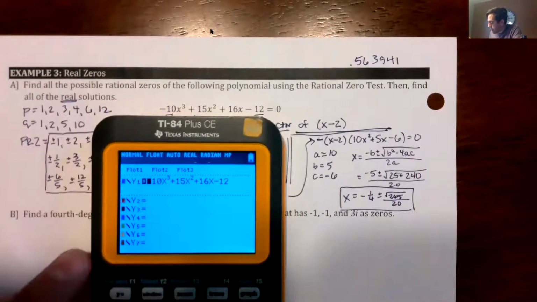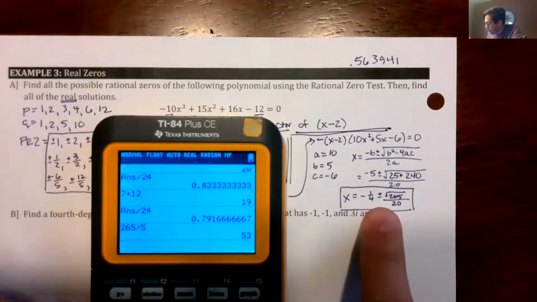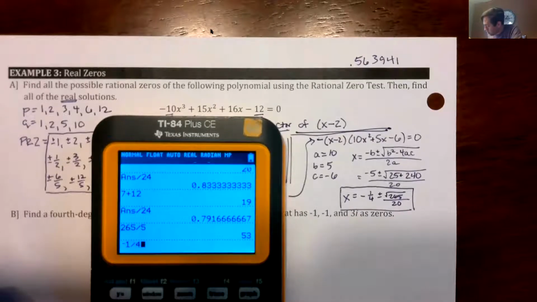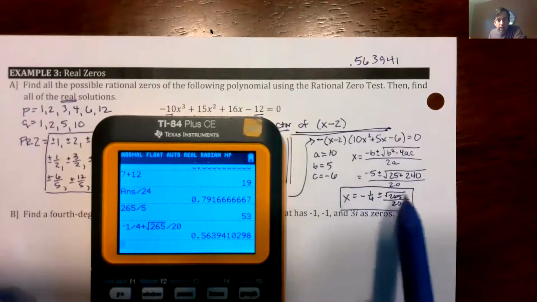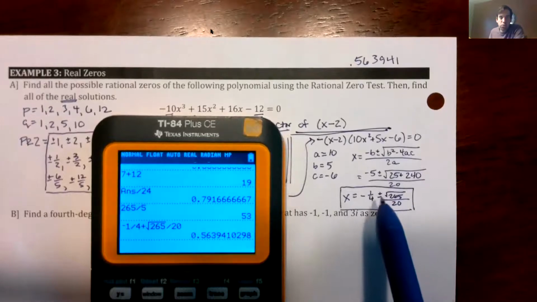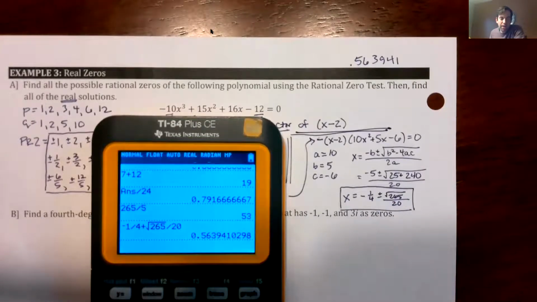And if I type in this with the positive version, it should give me the same decimal approximation. 0.563941. Yep, see that? So this is the exact way of writing that approximated decimal. We like exact, all right? So that's what we wanted.